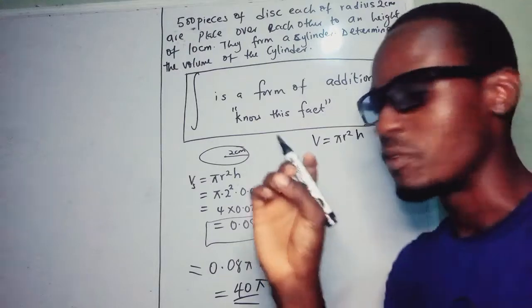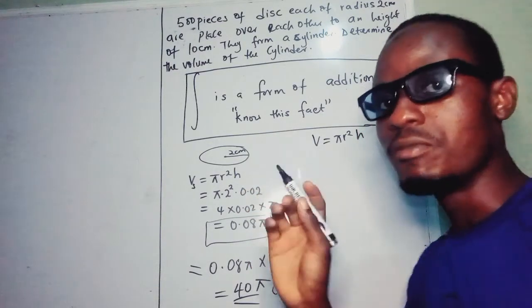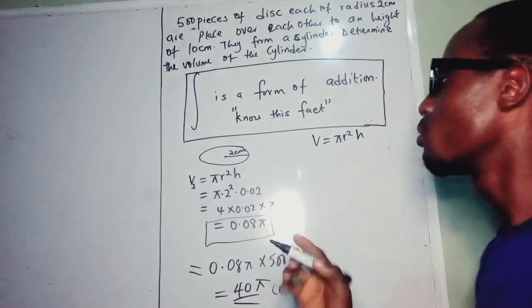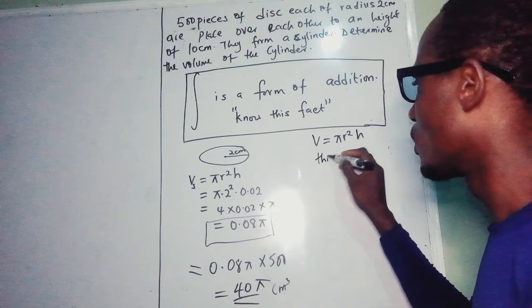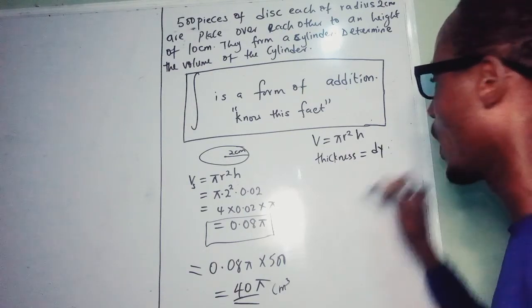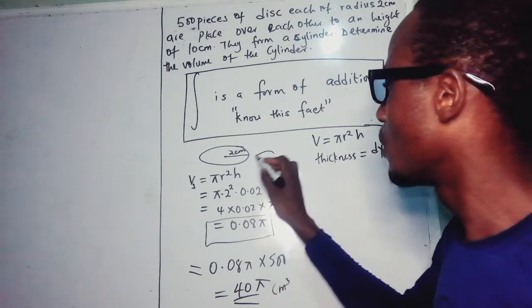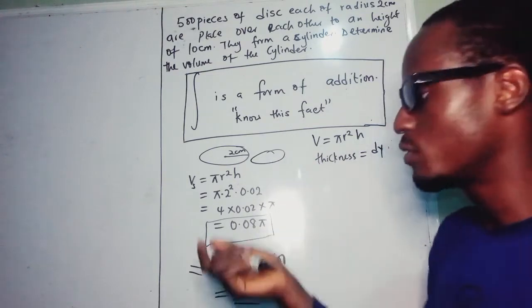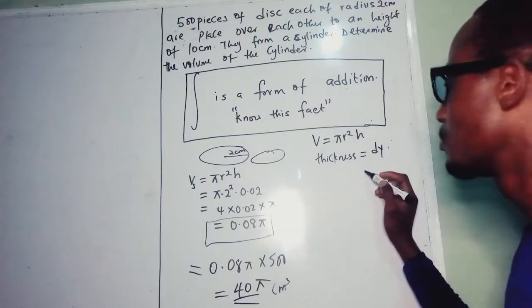That thickness is a very small value. In calculus, we represent it by d, so the thickness will be represented as dy. The reason it is y is that the thickness of the disc is a vertical thickness.